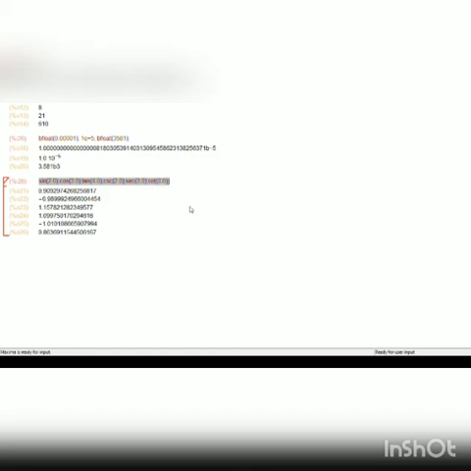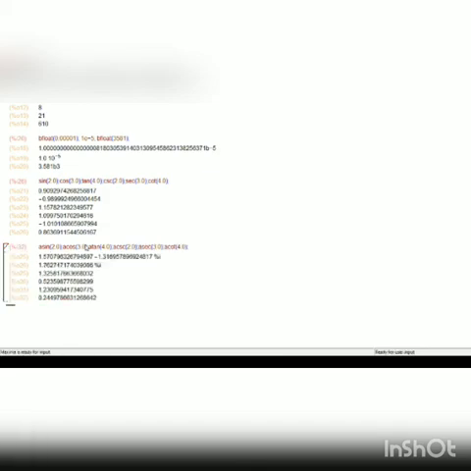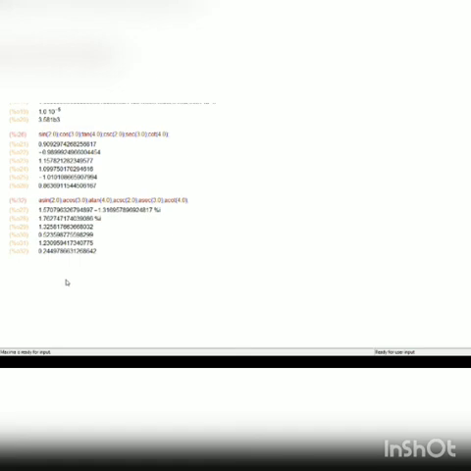Cot inverse, acot. Let's find out. I'll add a at the beginning. That means it is arc cos, arc sine, arc tan, arc cosec, arc secant, and arc cot. This gives you the values of inverse trigonometric functions.